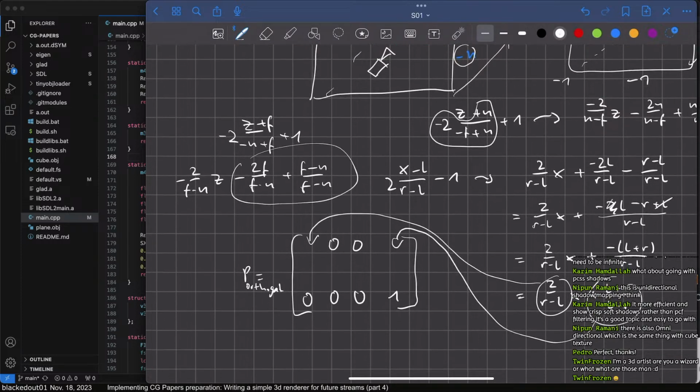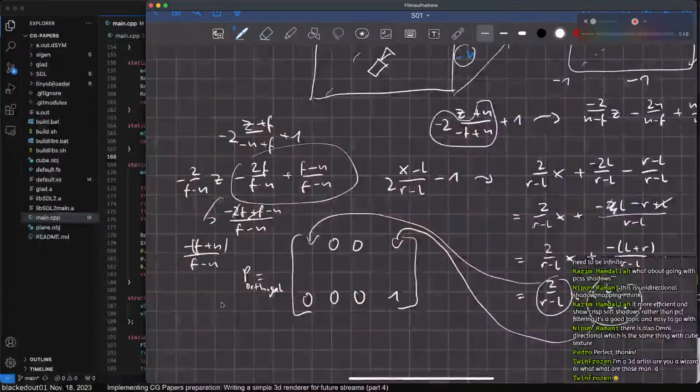And again, this is the same as minus 2f plus n minus n, minus 2f plus f minus n this way. And then we can cancel this f. And we are left with minus f plus n over f minus n. So let's see if that's correct.